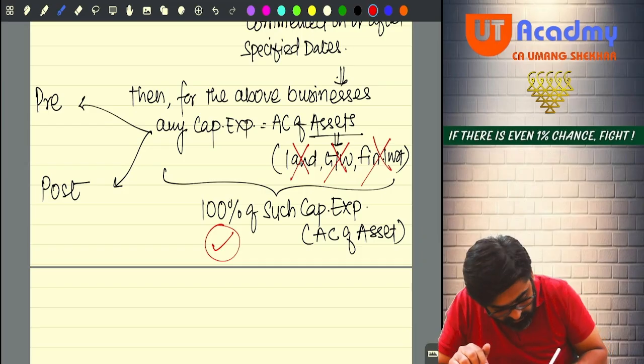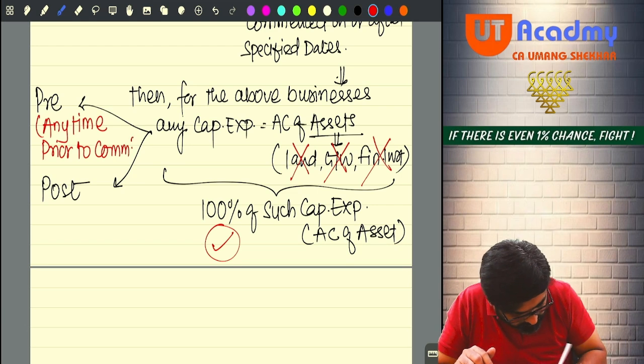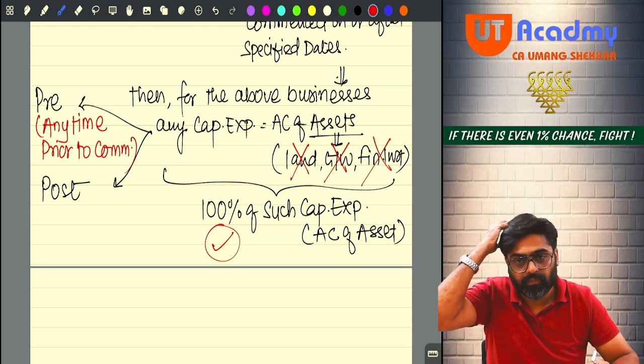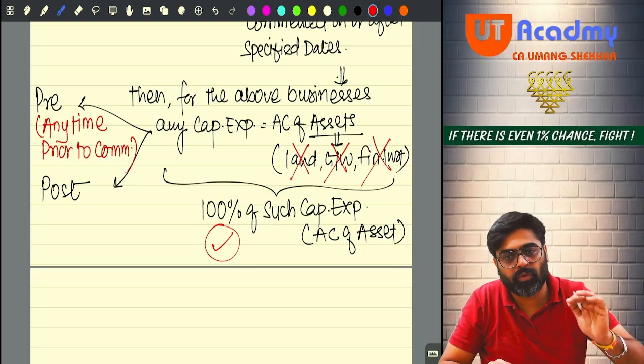So pre-commencement, any time prior to commencement of operations. Yes or no? So operations are commenced on 1st June 2024.